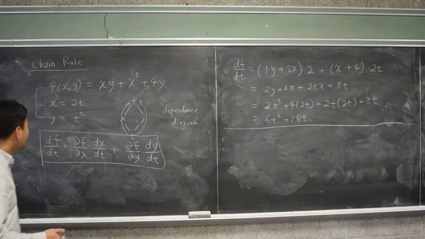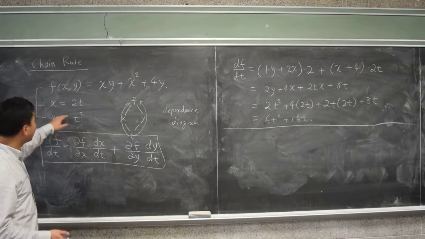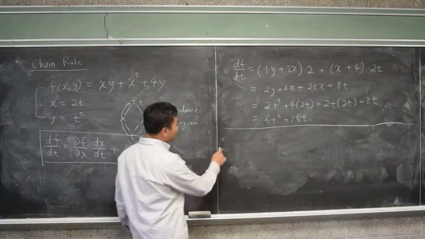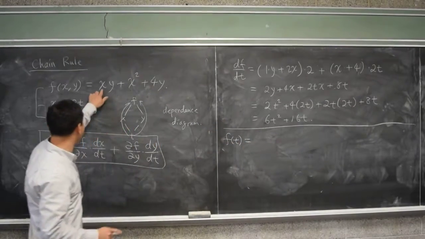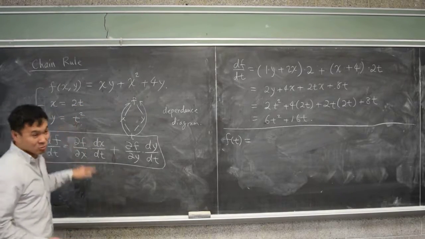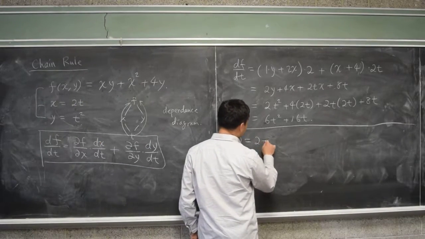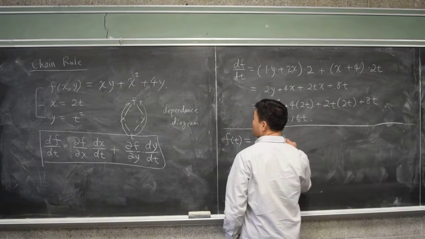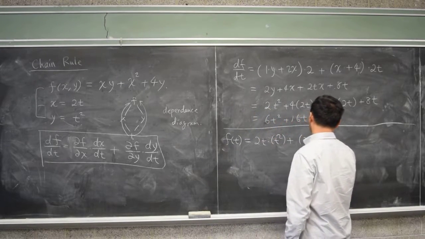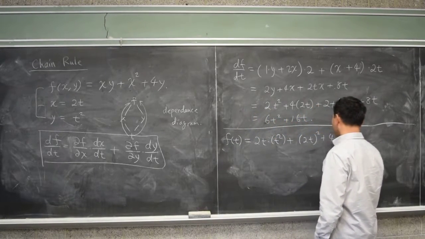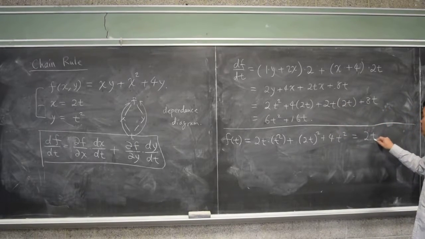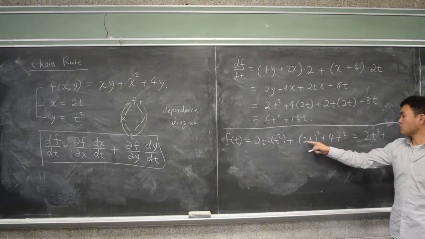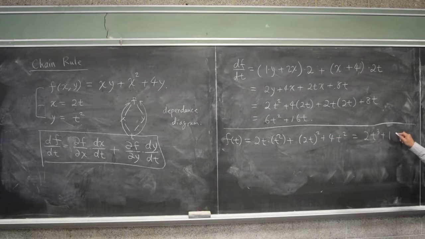Okay. All right, so I can also do this. I can think about what the function f is in terms of t by replacing x by 2t and y by t squared, right? So what's that? 2t times t squared plus 2t squared plus 4 times t squared, which is 2t cubed plus 4t squared plus 8t.